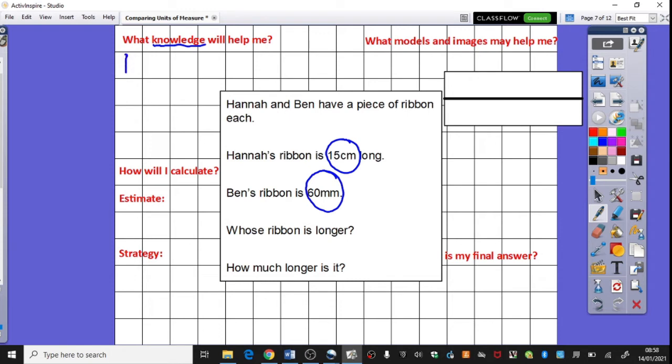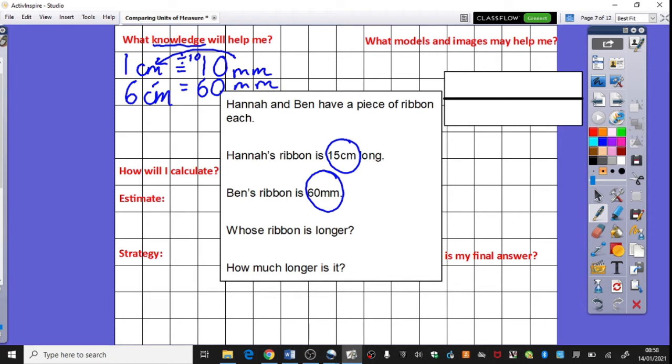But I know that in 1 centimetre, that's going to be equal to 10 millimetres. So therefore, if I've actually got 60 millimetres, I'm thinking about what do I do to go from millimetres to centimetres. Oh yes, I can use my diagram, it shows me I need to divide by 10. So 60 divided by 10 is equal to 6 centimetres.